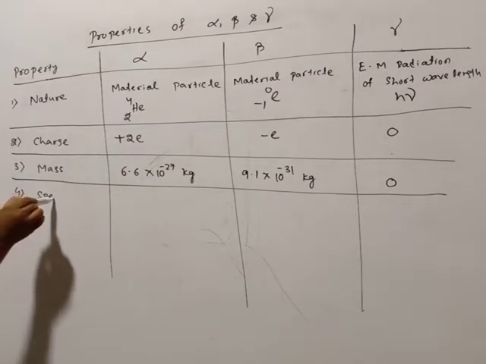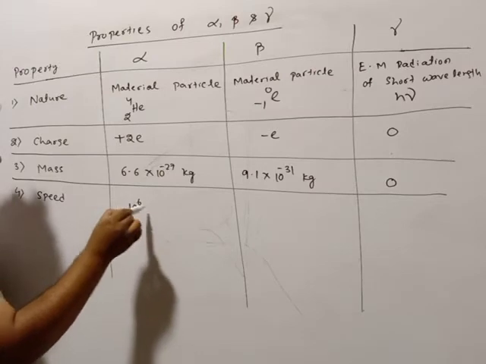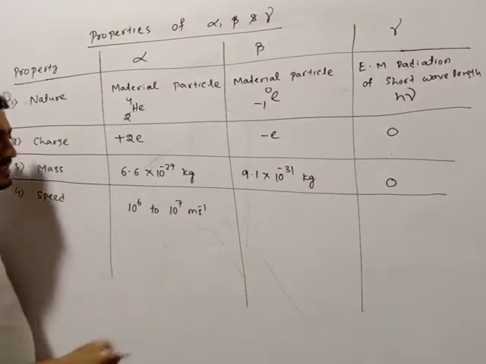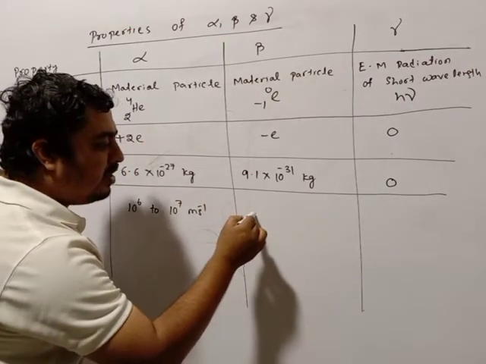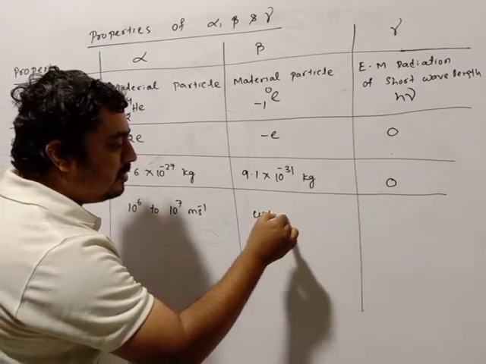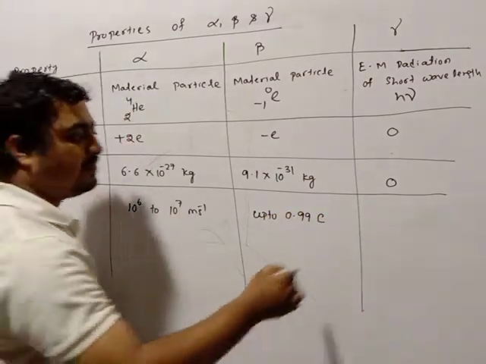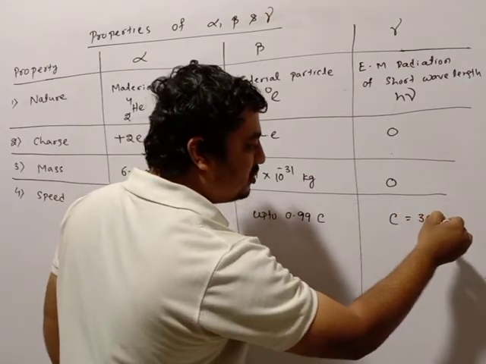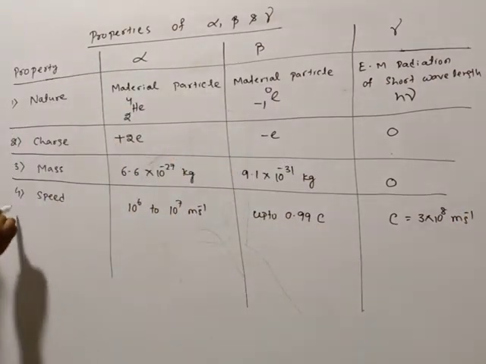Next one is speed. For alpha, it is 10 to the power 6 to 10 to the power 7 meter per second. Beta, it can have a speed up to 0.99 times of speed of light. Gamma has the speed of light, that is 3 into 10 to the power 8 meter per second.